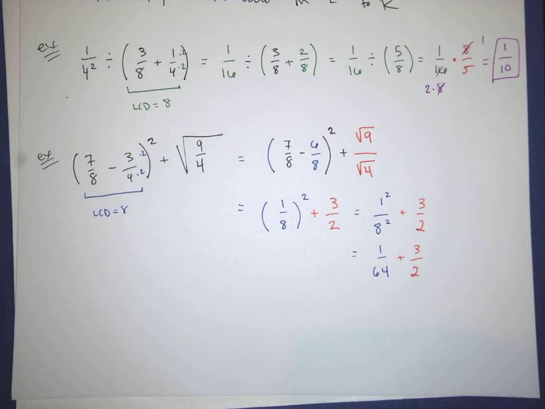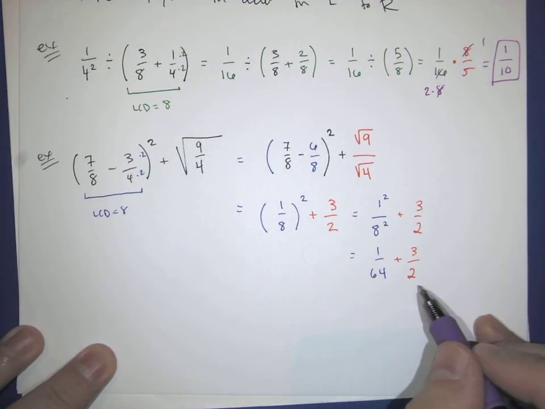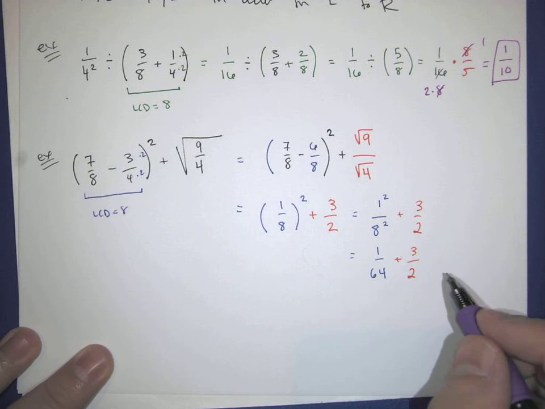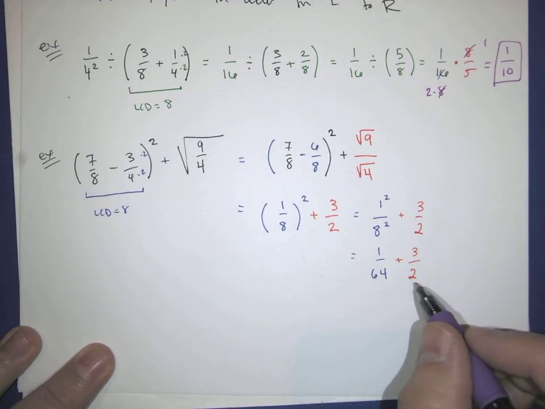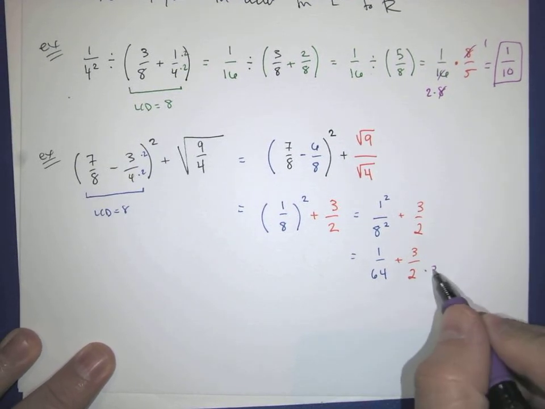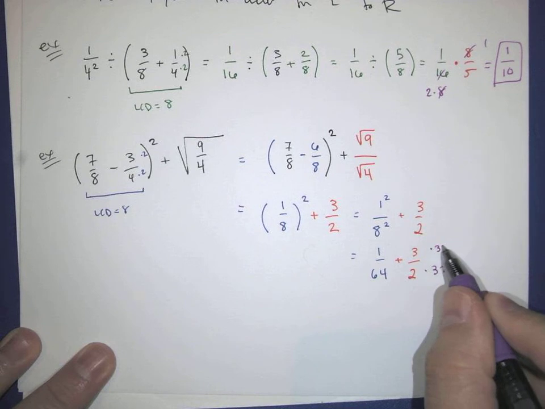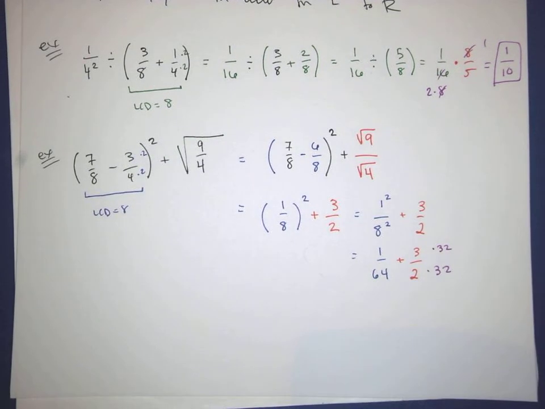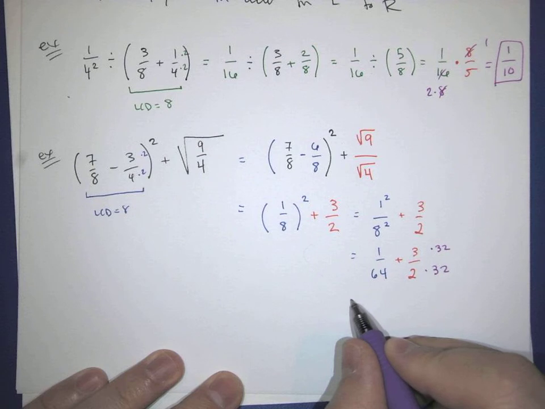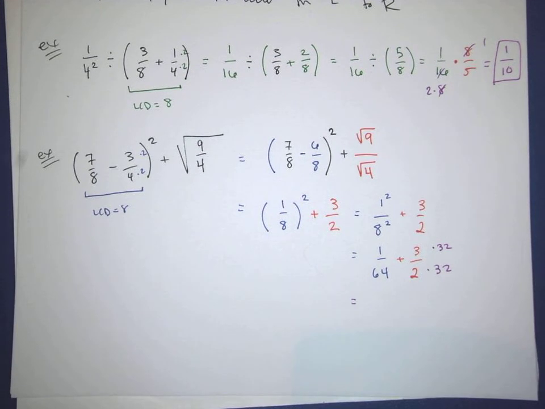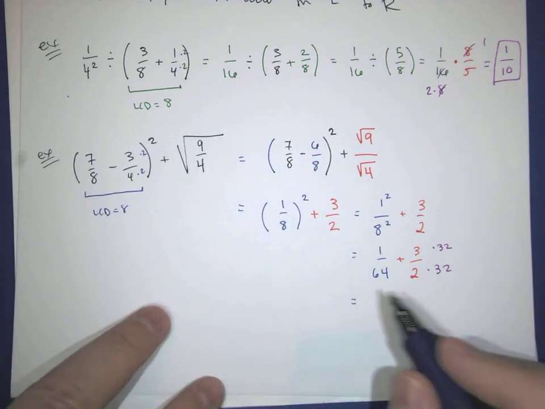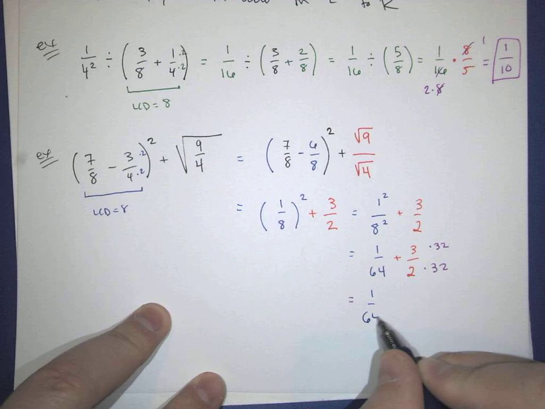Now, once all that is said and done and cleaned up, we're left with a quick addition. We have to do 64 and 2. The common denominator here, we can multiply the 2 by 32 on both of these to get a 64 on the bottom. These guys are pretty far apart, but it is what it is, right?